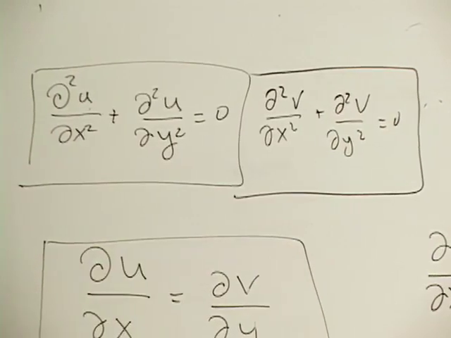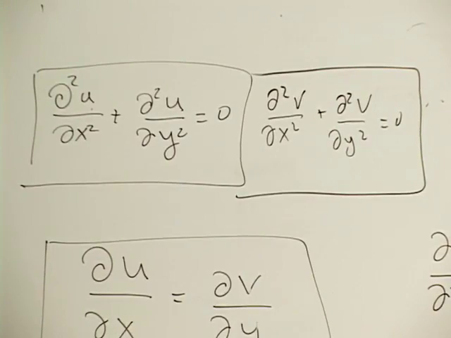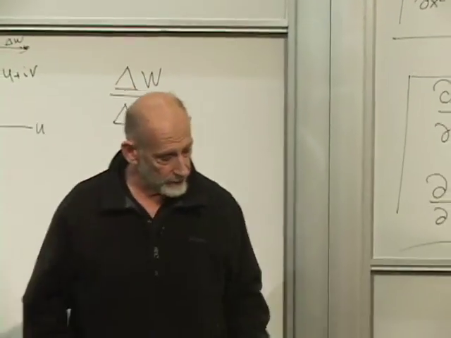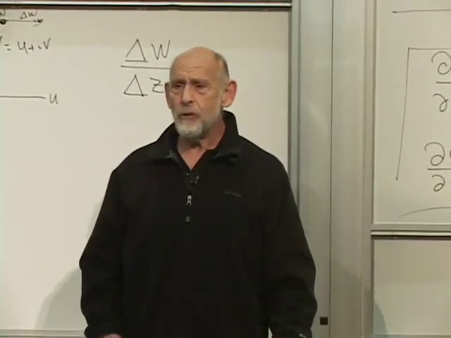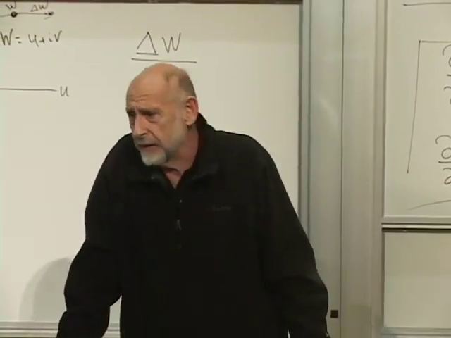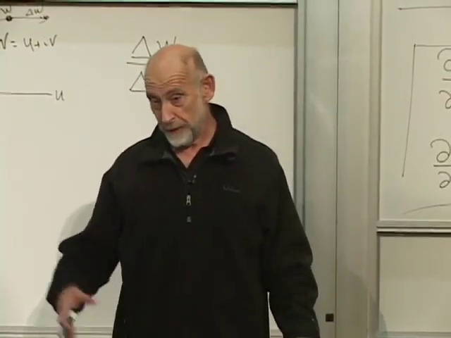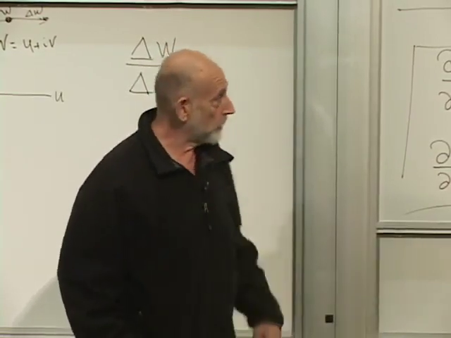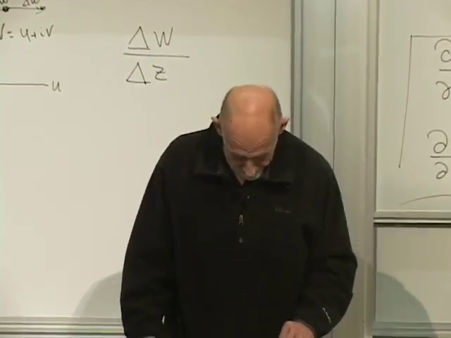So first of all, an analytic function, w of z, contains two real solutions of the Laplace equation. That's interesting to know. Every function which has a derivative. And incidentally, most of the simple functions that you would be likely to write down are analytic. So in this way, you can generate a large family of solutions of the Laplace equation.